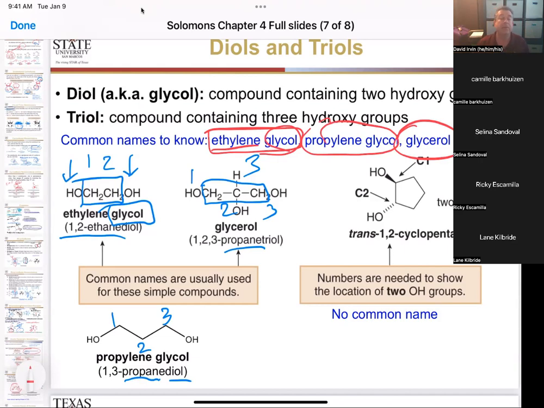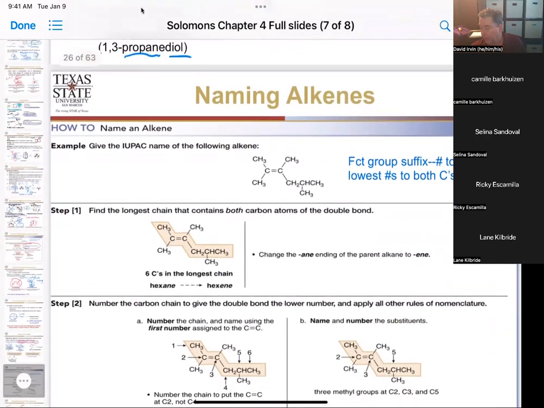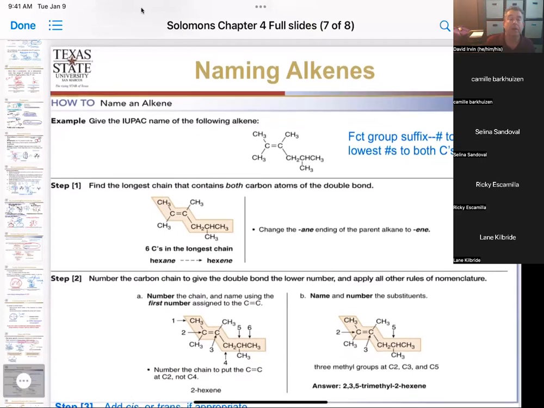Okay. If you have 5 alcohols, it's going to be pentanol. If you have 20 alcohols, it's going to be icosanol. So it doesn't matter how many you have, you just have to keep adding things to it. All right, so now all alkanes are only sp3 hybridized and there are no double bonds.